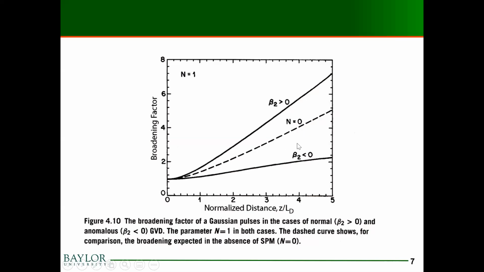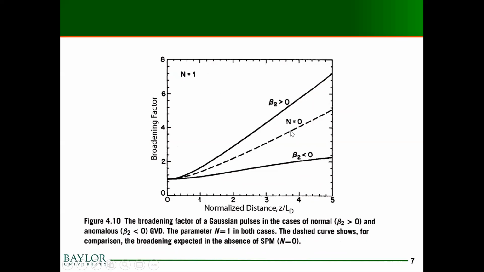If the nonlinear effect is included, beta 2 or k naught double prime less than 0 has less broadening, right? So n equal to 0 is the absence of self-phase modulation, that means no nonlinearity.